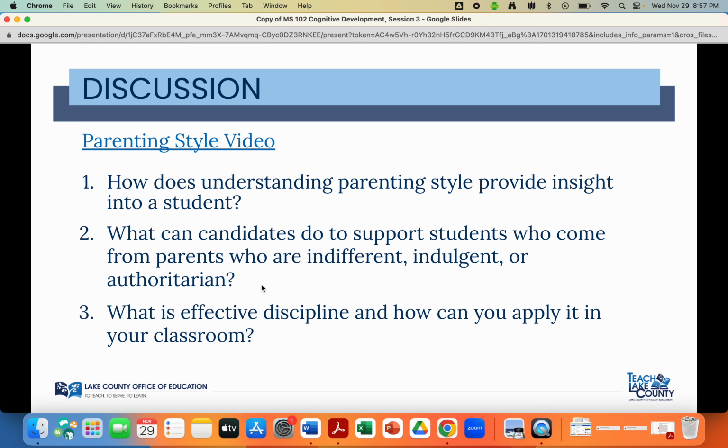What about effective discipline, and how can you apply it in your classroom? That's a tricky question for myself. What kind of things can you do in your classroom to discipline students? Is discipline even the right word? I usually like to say consequence, because there's always consequences for actions that you take in life.